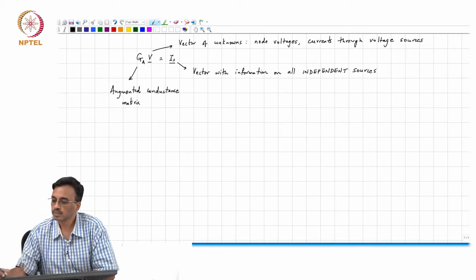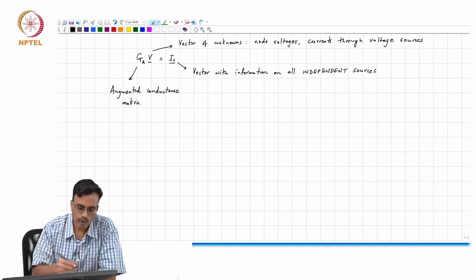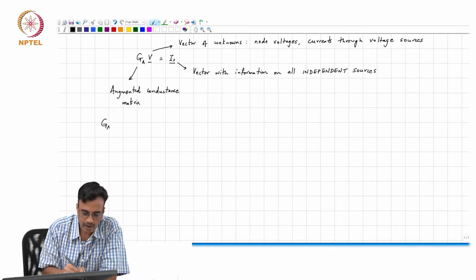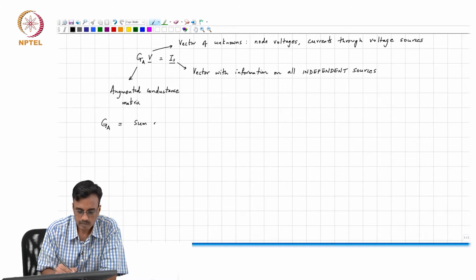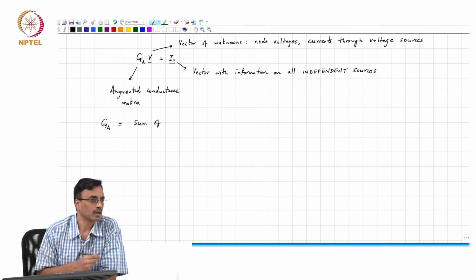Now, how do we go about forming the conductance matrix? This is simply the sum of what? Very good.